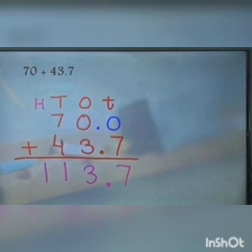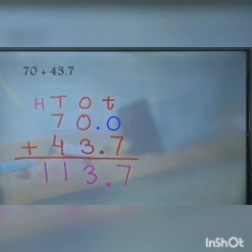So the answer is 113.7. This is the sum of these two numbers. So 70 plus 43.7 gives 113.7. This is how we can add decimal numbers.